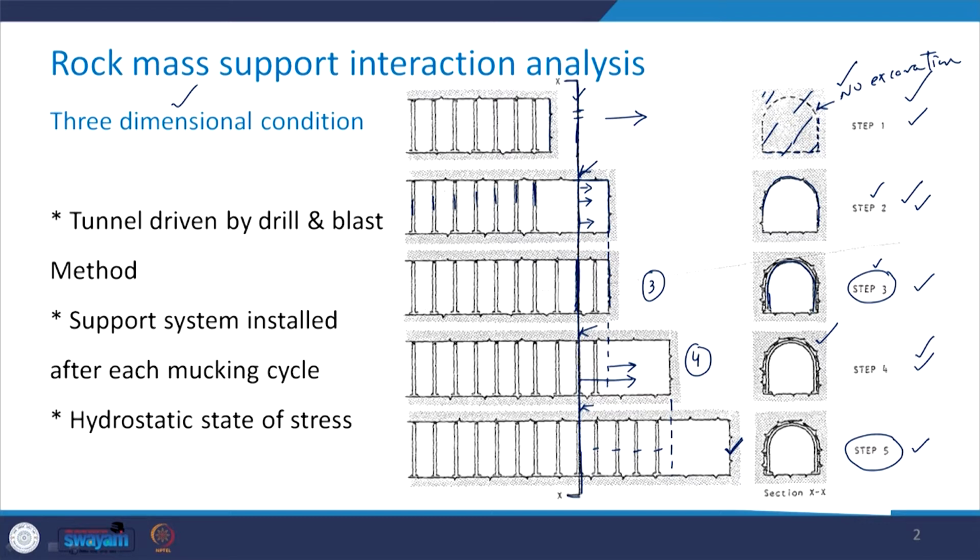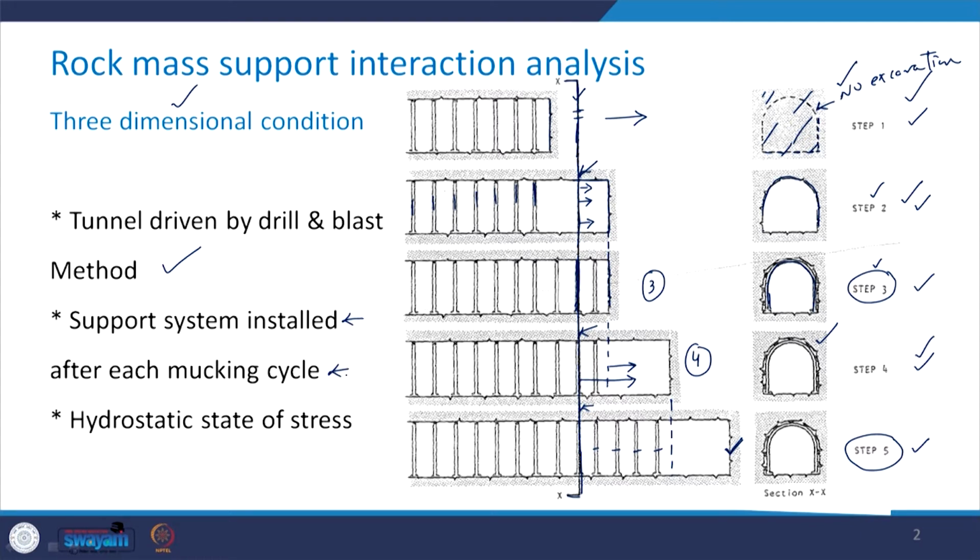Before I go to that, we need to keep a few points in mind. The tunnel is driven by the drill and blast method. The support system is installed after each mucking cycle.